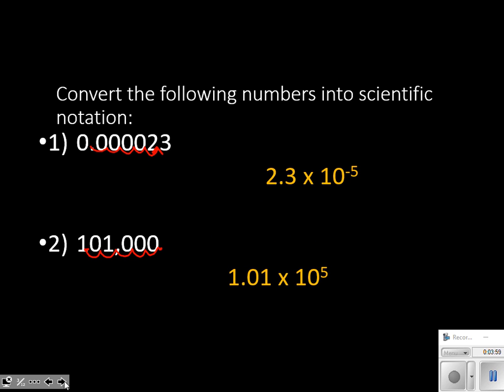Now my new number is 1.01 times 10 to the 5th. Do you notice that I did not include those placeholders? I did not include them because those are not significant. So I only have the 3 digits that are significant included.